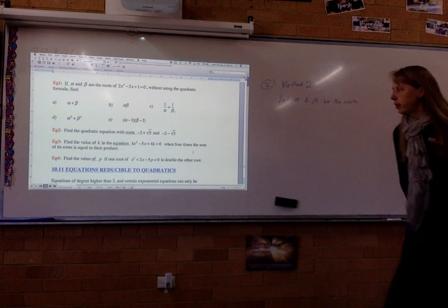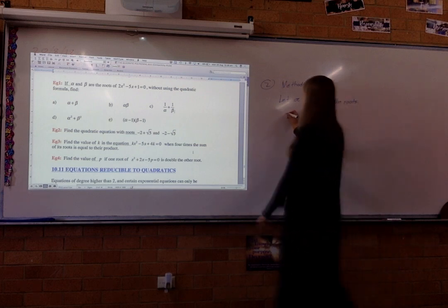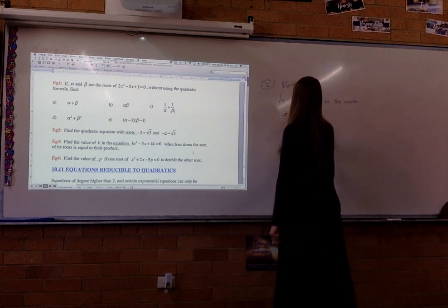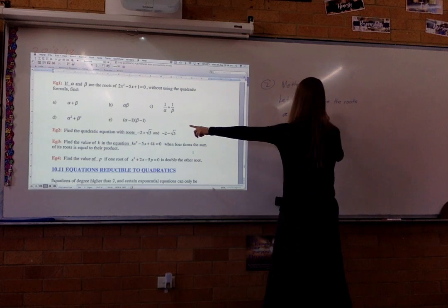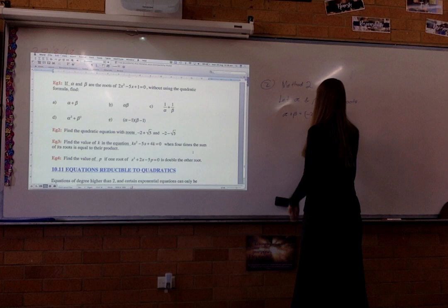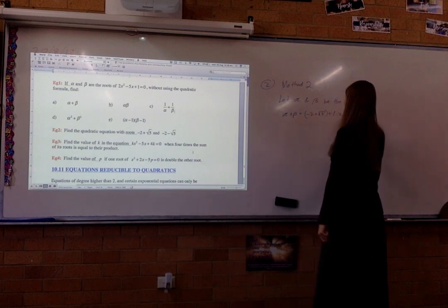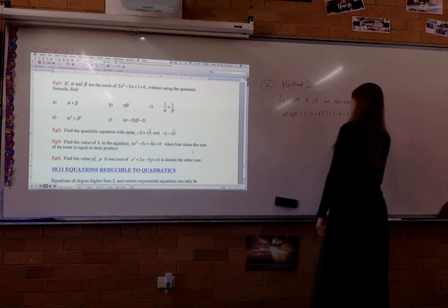So if alpha and beta are the roots, I know that alpha plus beta equals, I'm just going to add them together, negative 2 plus root 5 plus negative 2 minus root 5.